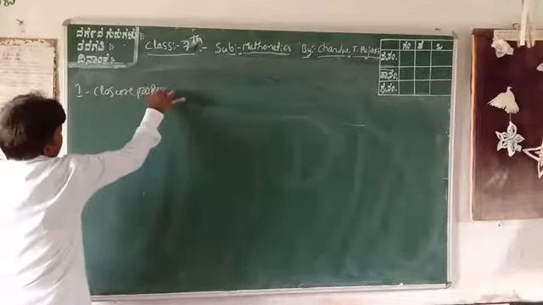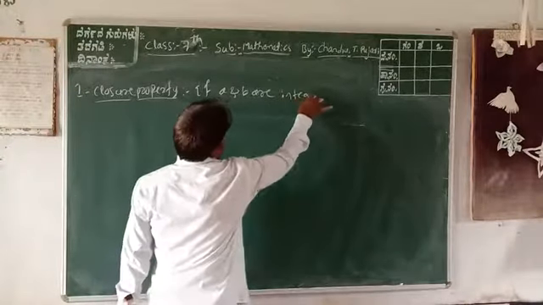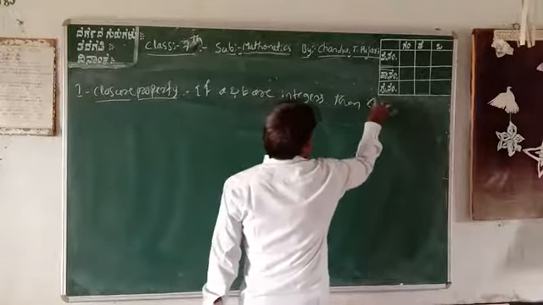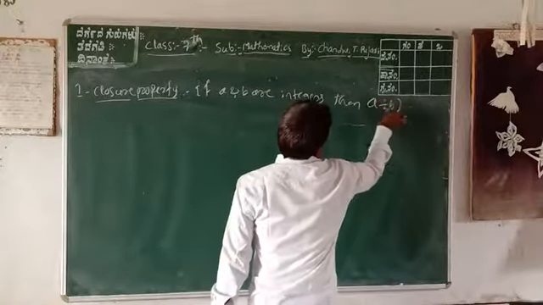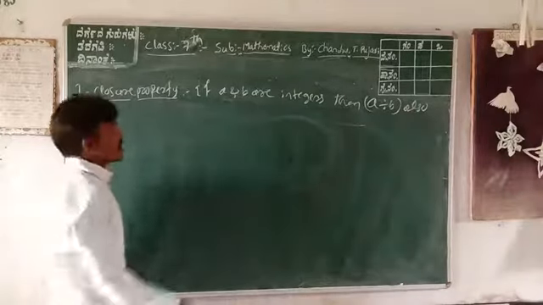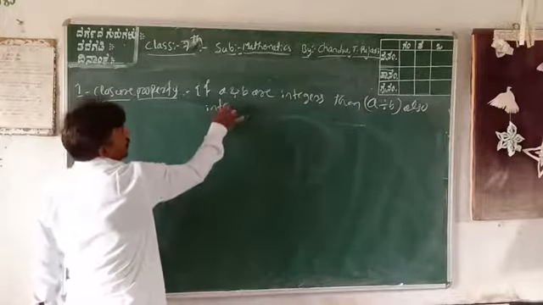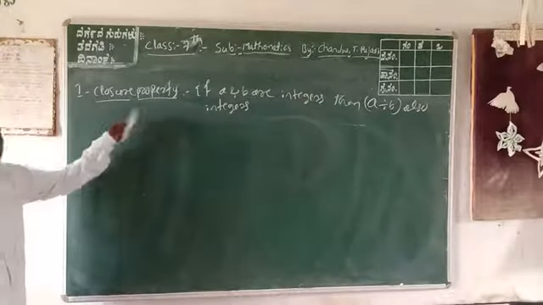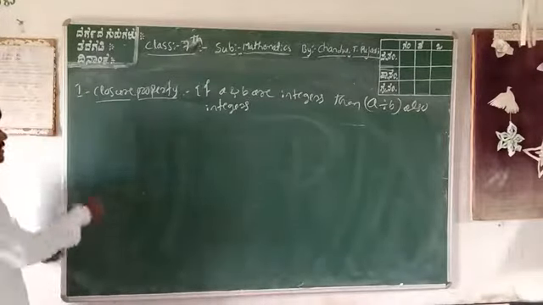If a and b are integers, then a divided by b is also an integer. Does the closure property hold good in your division? Check yourself for the first example.